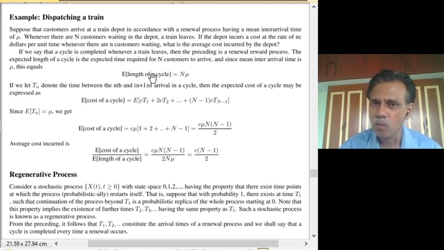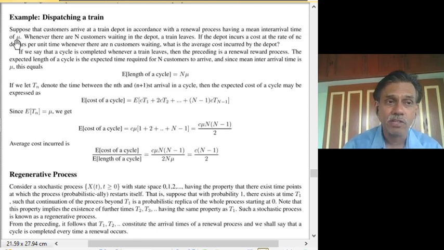So we know many things. One, a train has left and the depot is empty. Then how customers will arrive, we know. It's a generic process with mean inter-arrival time mu. So we have to wait for n such customers to arrive, and every time we can know the count of customers and also the rate at which we have to be spending on the customers. Everything can be found out.